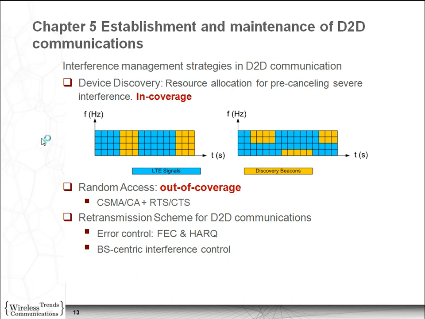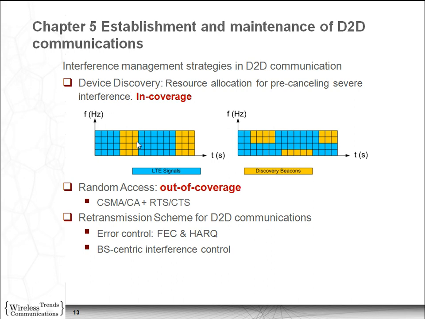Chapter number 5 is obviously how we do the establishment and maintenance of the D2D communications. And here there are two approaches that are discussed. When we have devices in coverage, that means that the base station is coordinating the D2D transmissions. We can assign resources in a very particular way so that there is no interference.